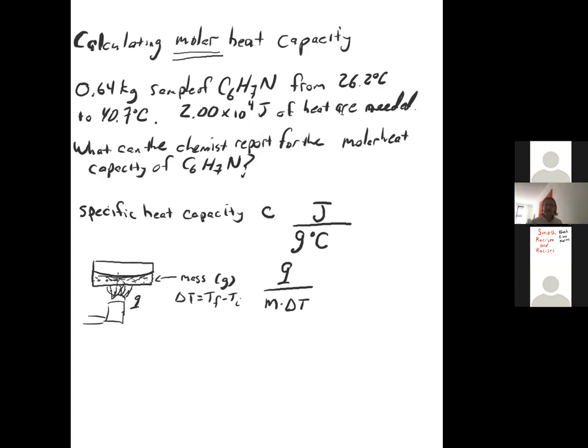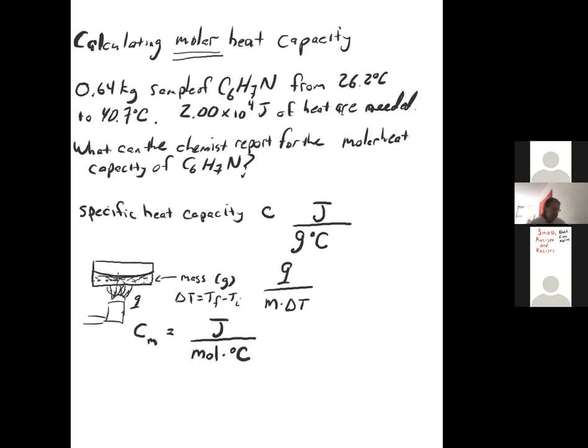The molar heat capacity is the same thing. So I'm going to write it as Cm for molar, which is equal to the amount of heat, joules, but now we're going to divide it by the number of moles of the substance and then divide it by the temperature change.